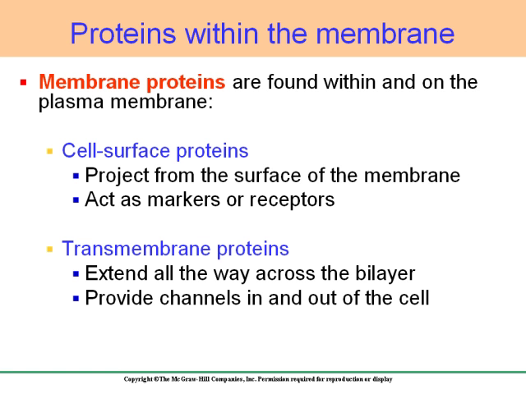Cell surface proteins project from the surface of the membrane, and these cell surface proteins will often act as markers or receptors of a given cell. Transmembrane proteins extend all the way across or through the bilayer, hence they are transmembrane. They are crossing the membrane. And they provide channels into and out of the cell.